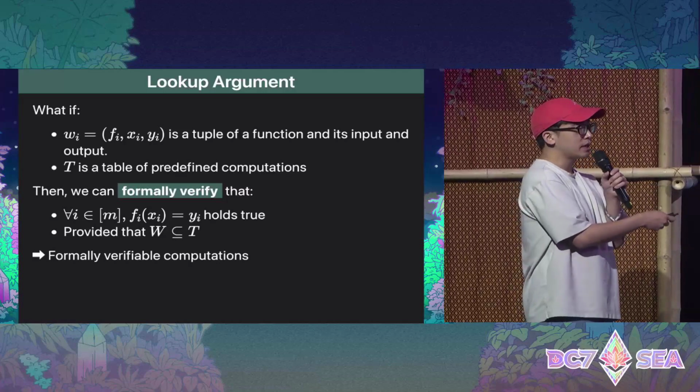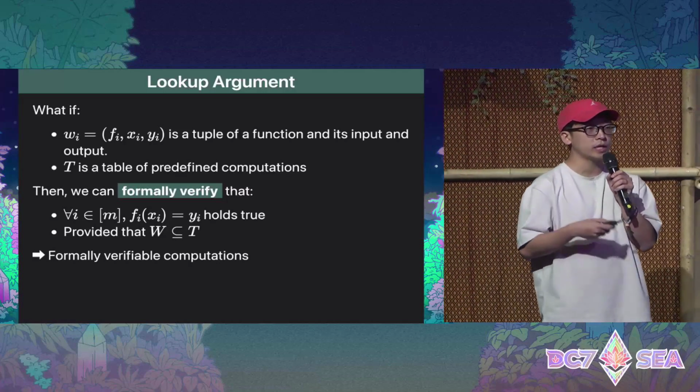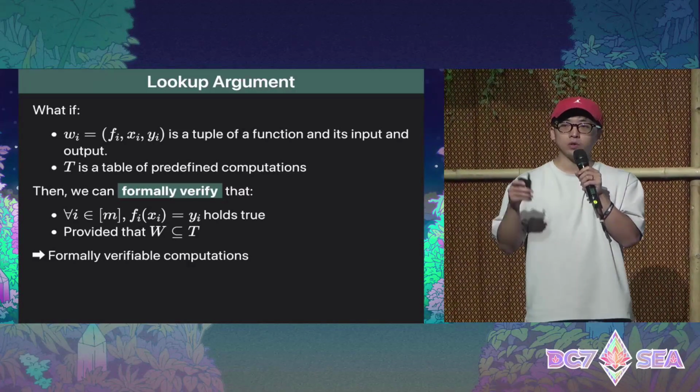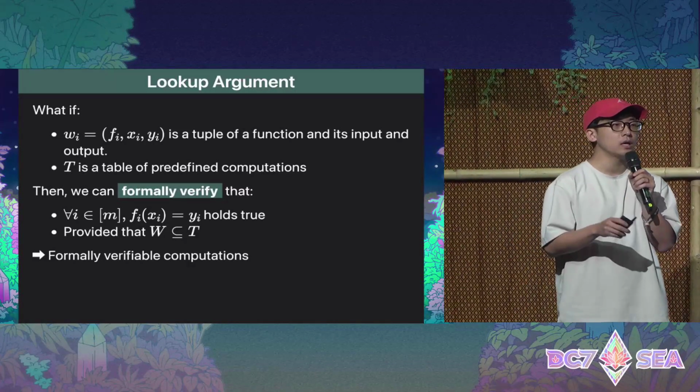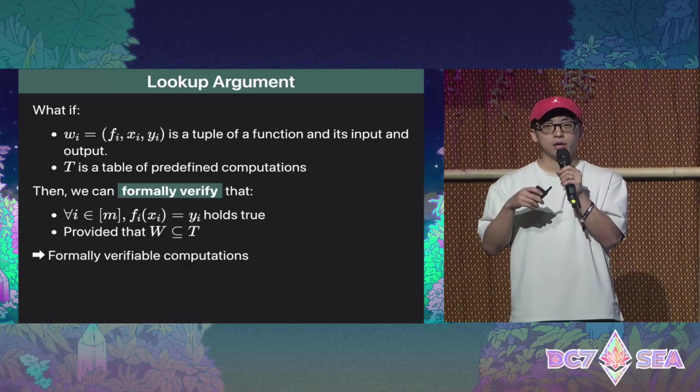It becomes a cornerstone for formally verifiable computations. So we can implement something like a zkVM, which is also called the lookup singularity, which is also the Jolt and Lasso approach.